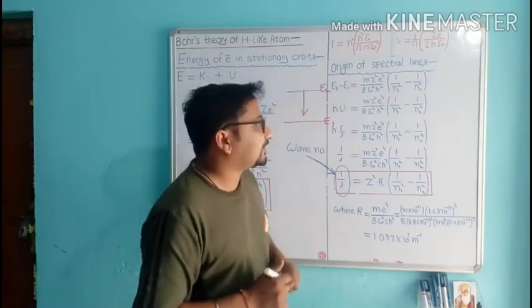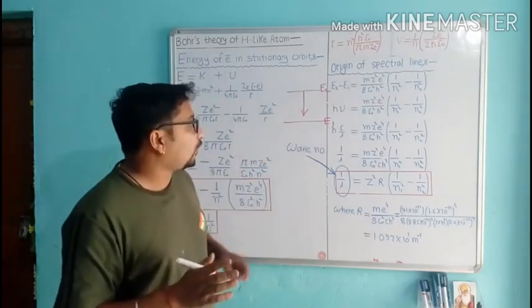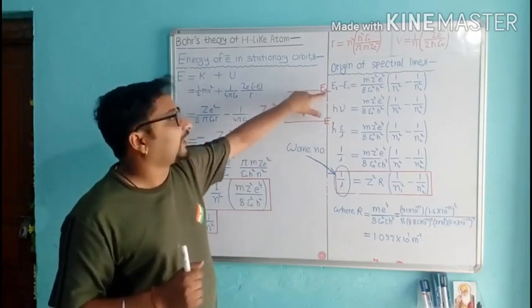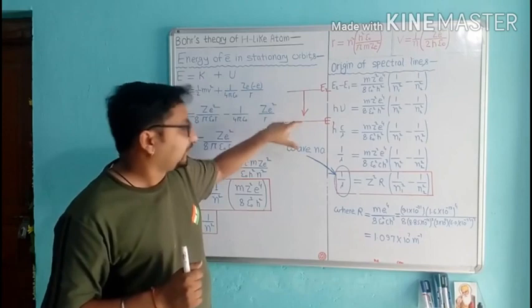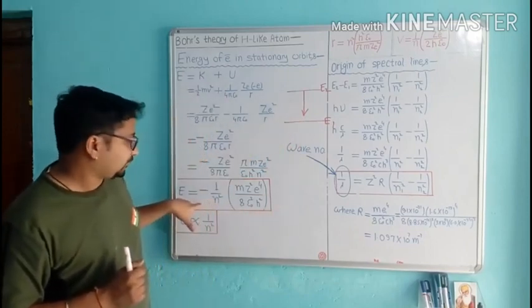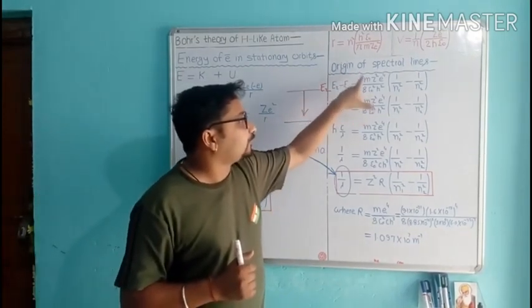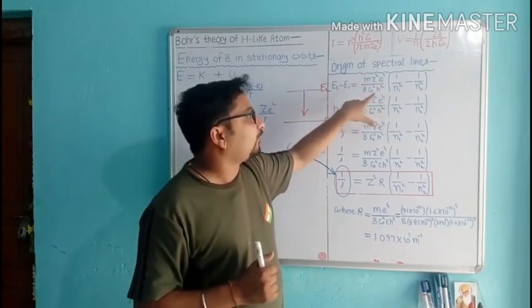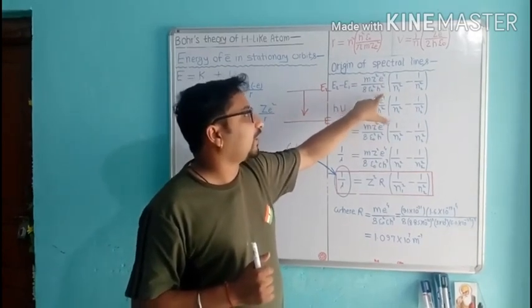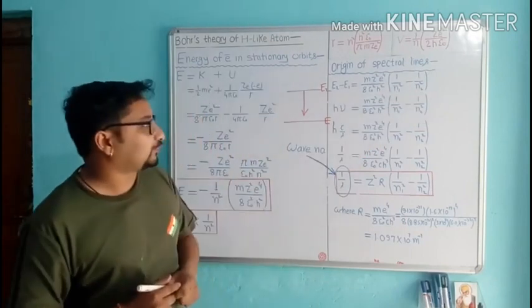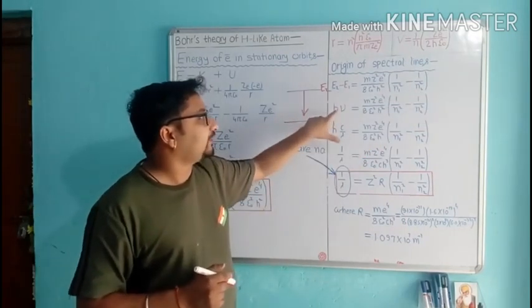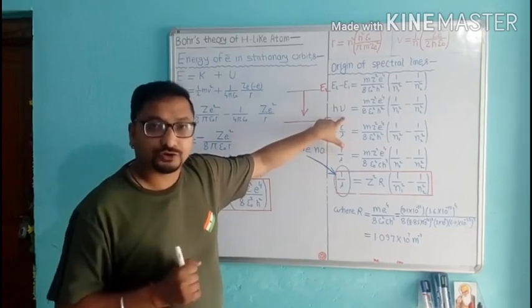Origin of spectral lines. Suppose an electron comes back from higher energy state E2 to lower energy state E1. Then, using this formula, we get E2 minus E1 is equal to m Z square e to the power 4 upon 8 epsilon naught square h square into 1 upon n1 square minus 1 upon n2 square. E2 minus E1 is equal to h nu, Bohr's third postulate.